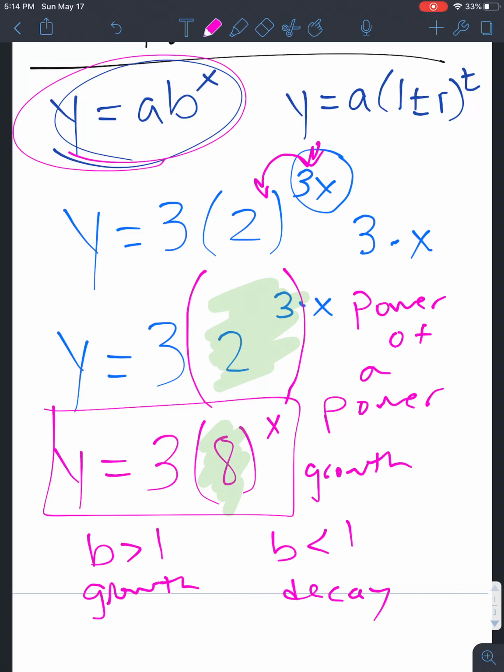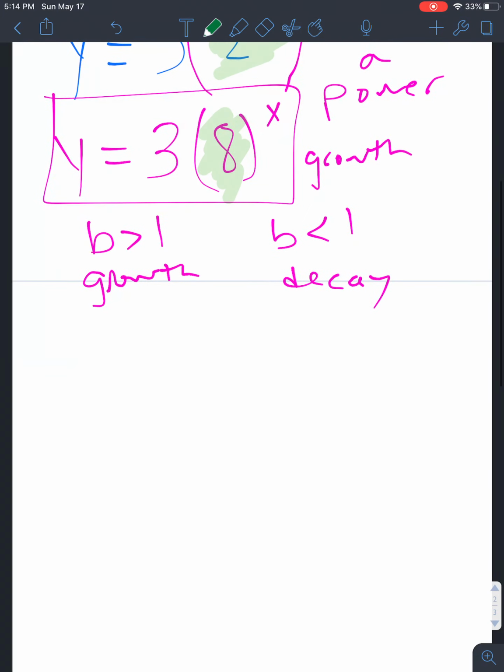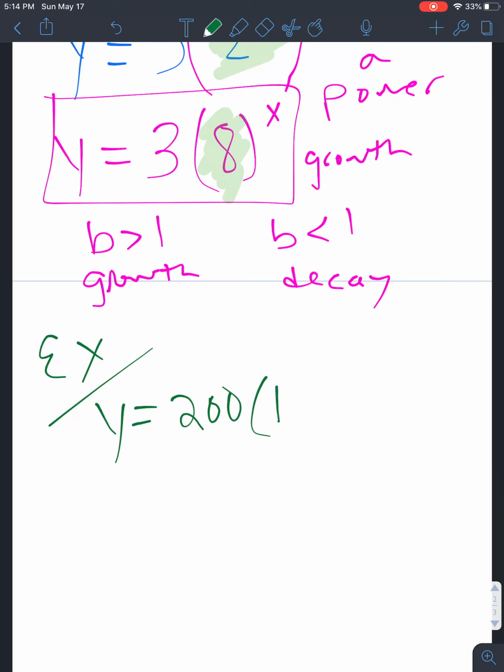If we had something that looked more like y equals 200 times, let's say, times 1.5, all right, raised to the 2x over 3 power.